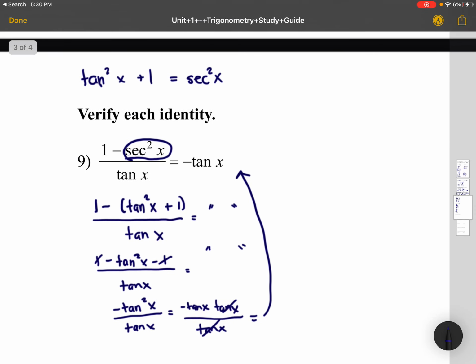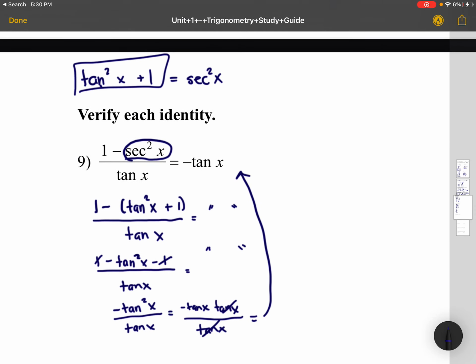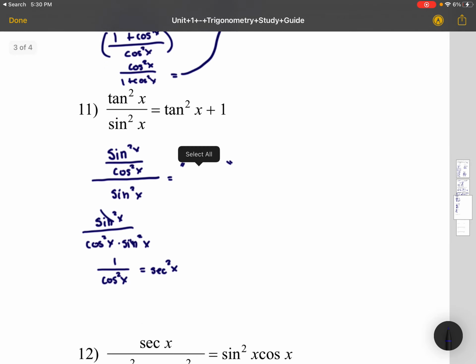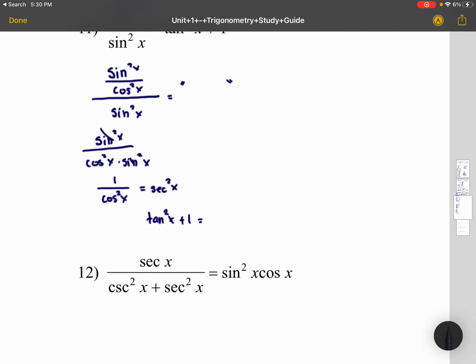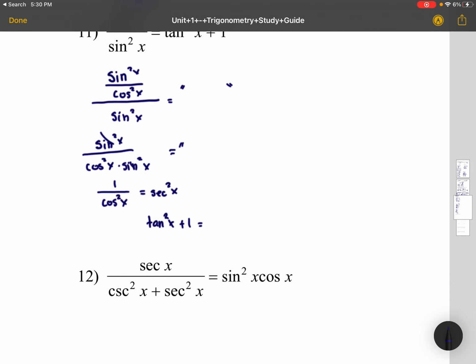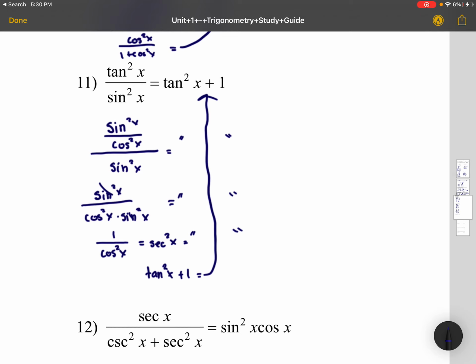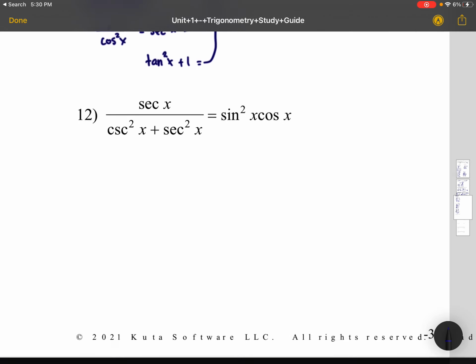And what is secant squared equal to, kids? Right here, tangent squared x plus 1. So we get tangent squared x plus 1. Oh, we didn't draw our little tunnel so we can drive through it. So now we drive all the way through the tunnel. We got back where we started.